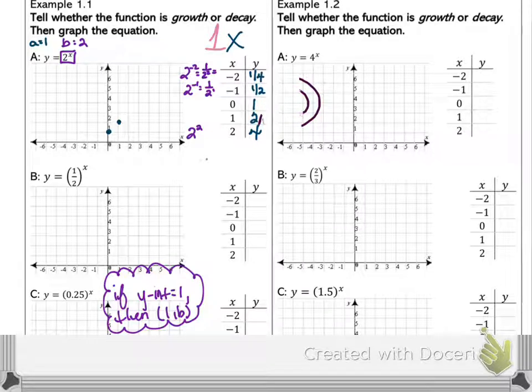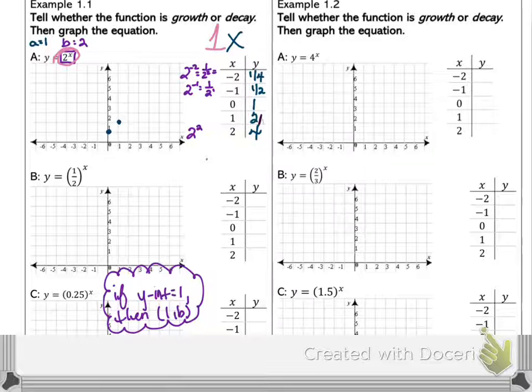Another really cool thing is that another reason why I may not need a calculator is because I can actually get my answer by taking my rate of change, my b value, and using it to multiply my y values.